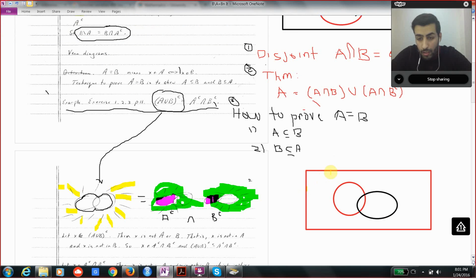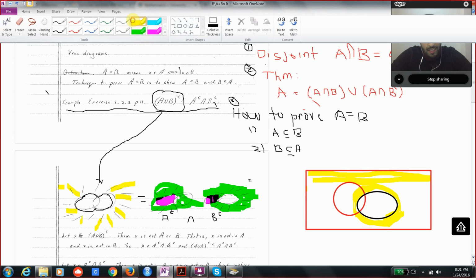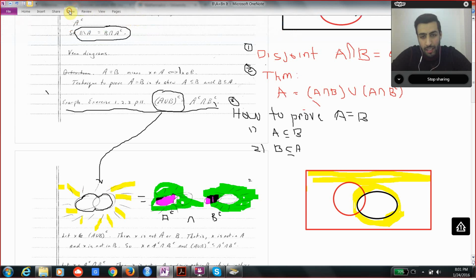Let me see where my thing is. Yeah, here I am. So B complement is a lot of stuff to color, right? But I'm going to try to do this carefully so you can see what's going on. Hold on one second. Sorry. I have a thicker brush that will make this faster. Oh, come on.